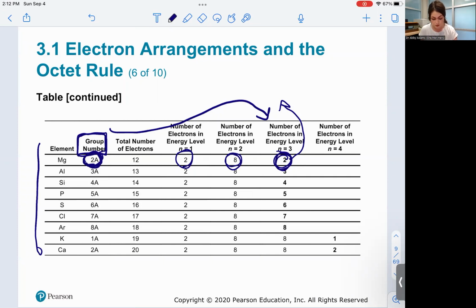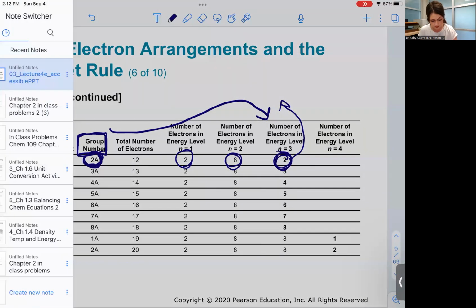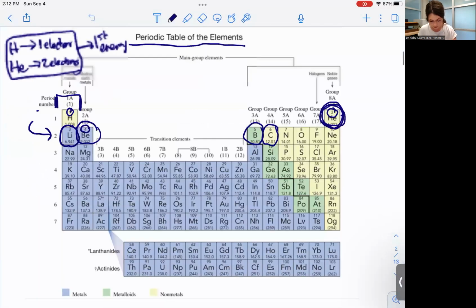Okay, so let's see where magnesium is on the periodic table. All right, so magnesium is right here. Magnesium has the atomic number 12, so it has 12 protons and 12 electrons, all right, if it has a neutral charge.